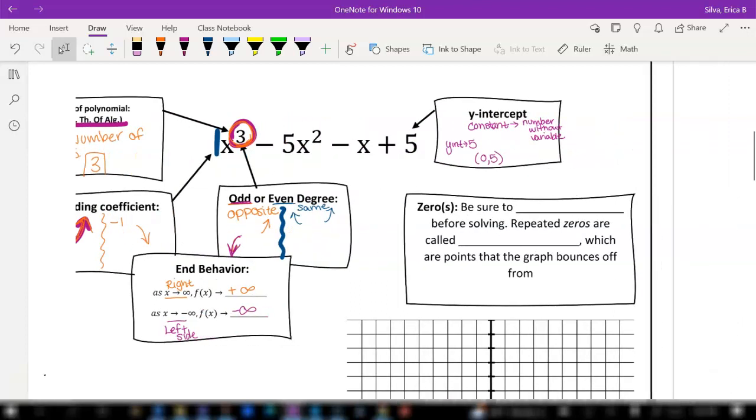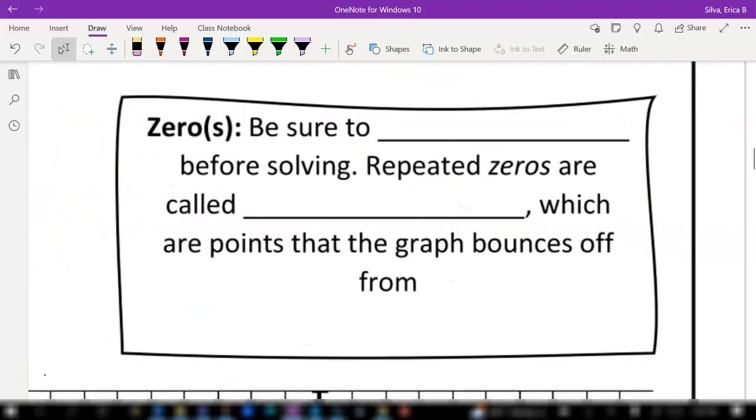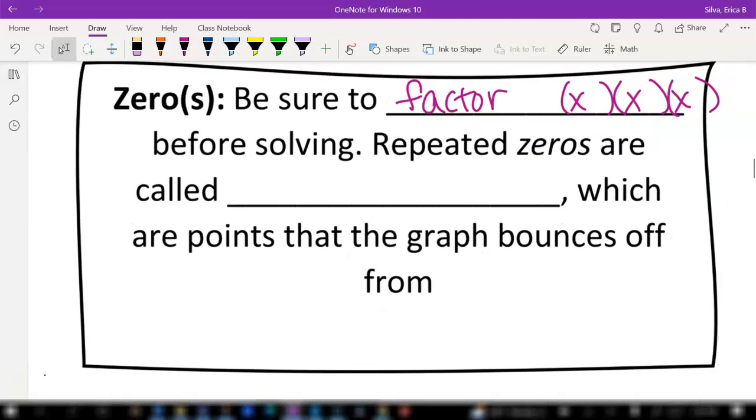The only information that you can't get from standard form are your zeros. To find our zeros, we need to be sure to factor first. And remember, factor is when we have the parentheses before solving. Points on the graph can bounce off from the x-axis.